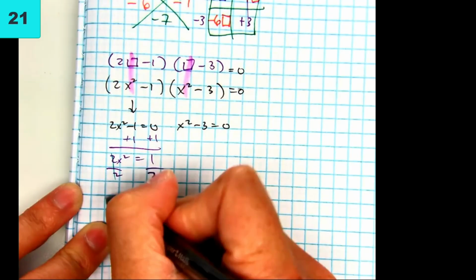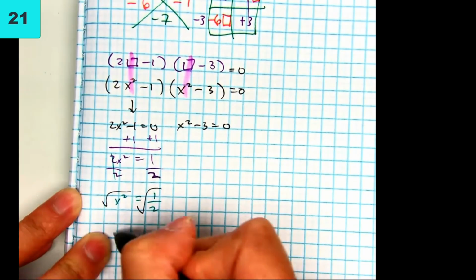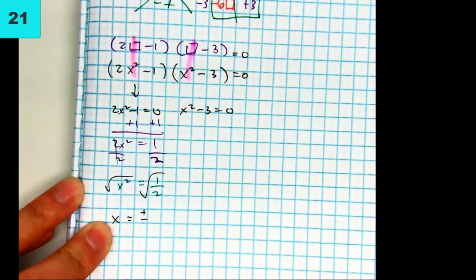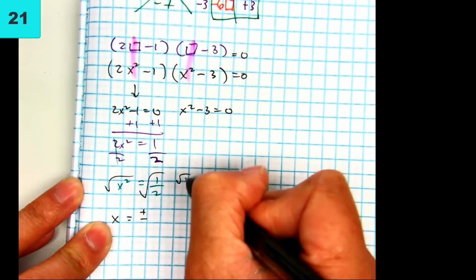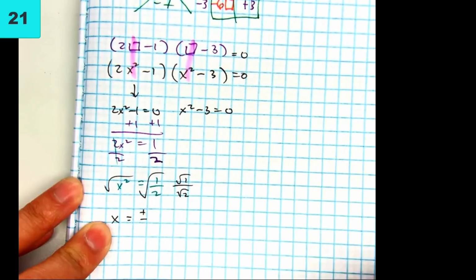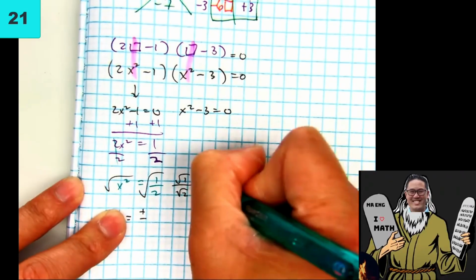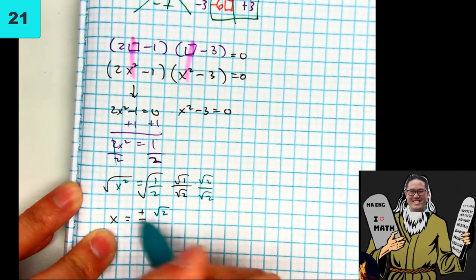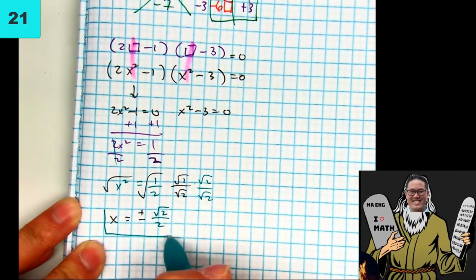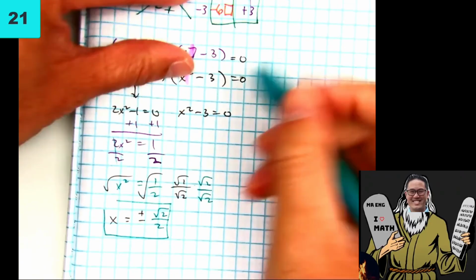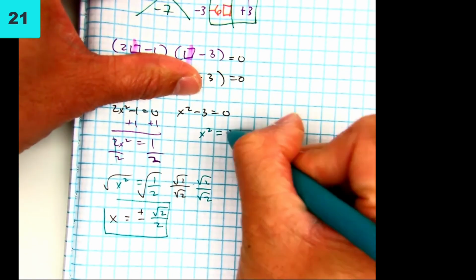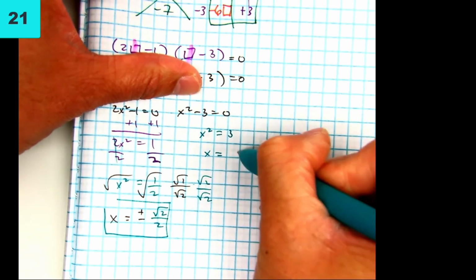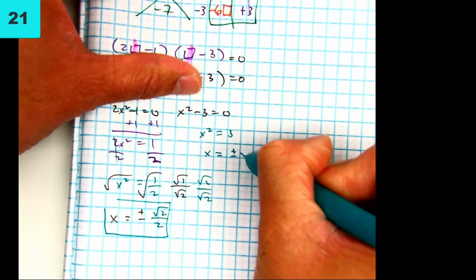If I take the square root of both sides, remember when you take the square root, it'll be plus or minus. And you have radical 1 over radical 2. Don't forget you'll have to rationalize there. So this answer would be plus or minus radical 2 over 2. This one over here will be x squared equals 3. Take the square root, x is equal to plus or minus the square root of 3.